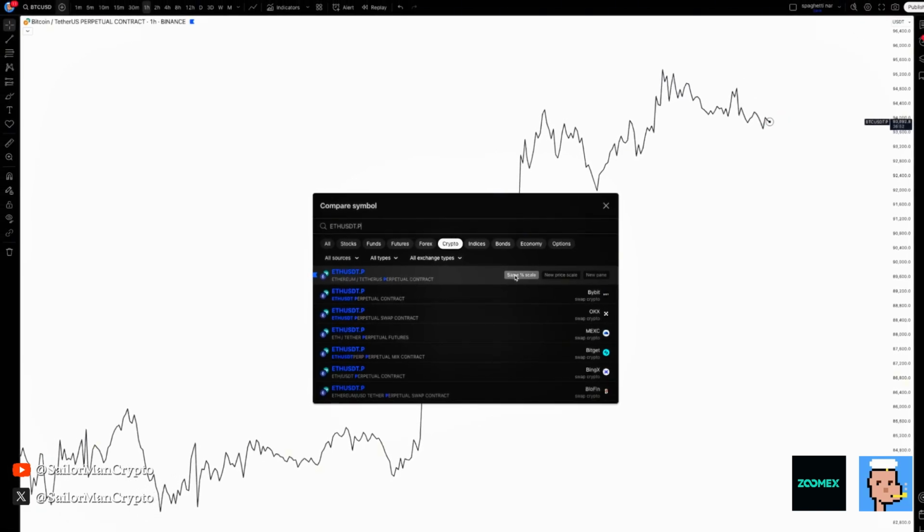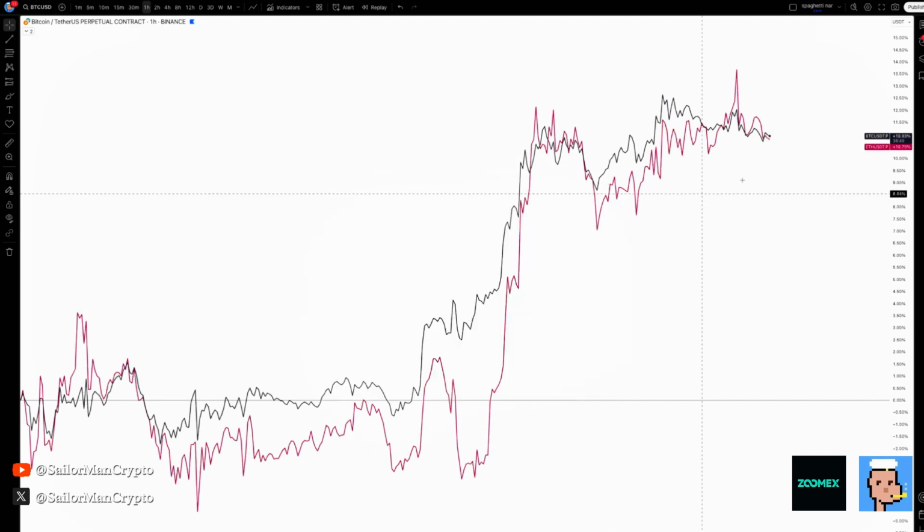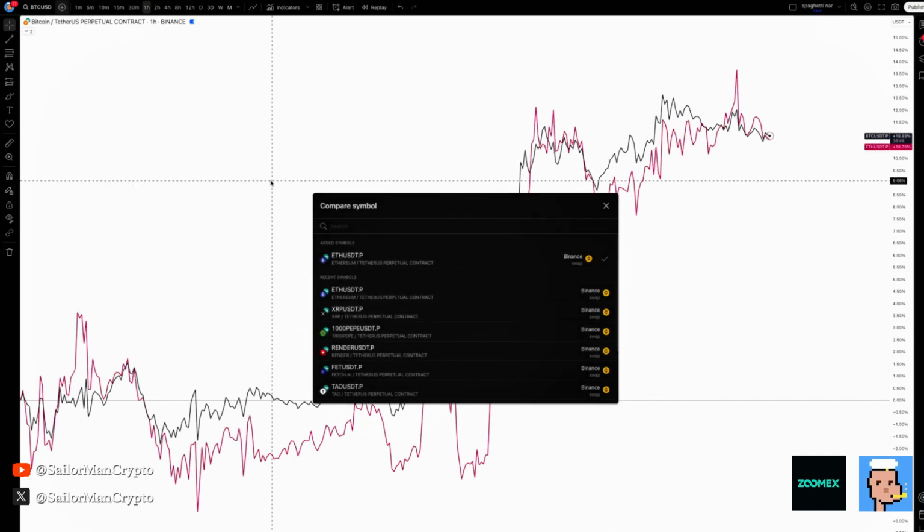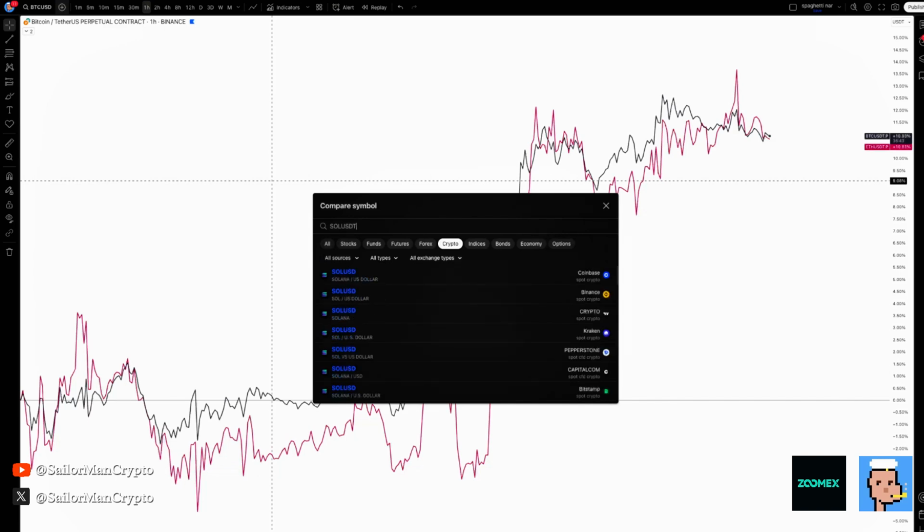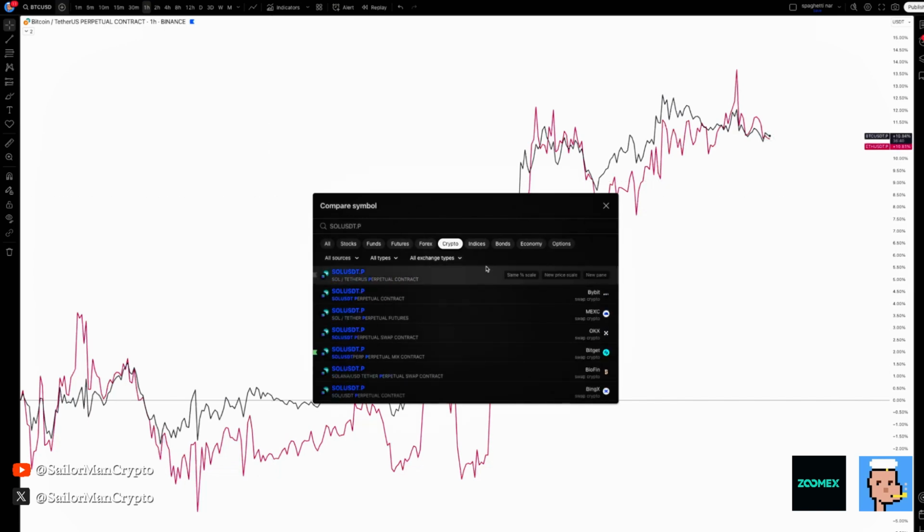You make sure to select same scale, so the scale in the chart will be the same. You can add more. Just to show you once again, let's do Solana. So we do SOL USDT perpetual, we pick Binance, and always the same scale.